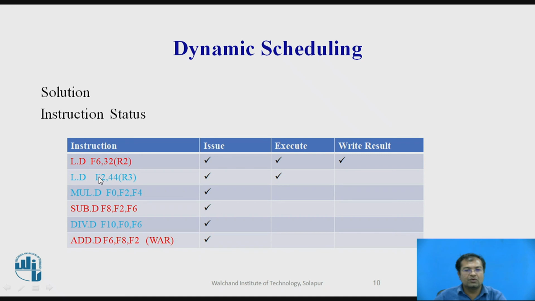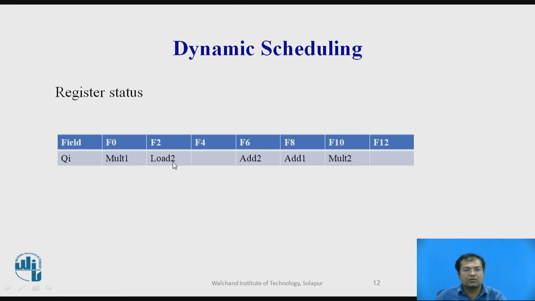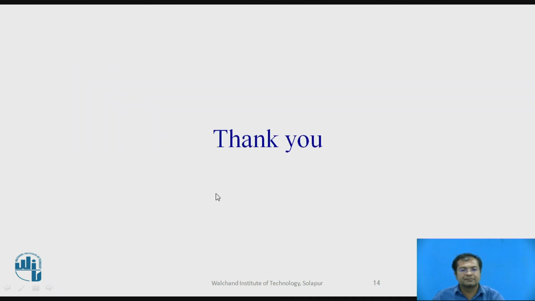Then F2 is the load operation. Like this, F2 load, then F6 addition, F8 addition, F10 multiplication. So these are the registers which hold the values of the respective operations. These are the references. Thank you.